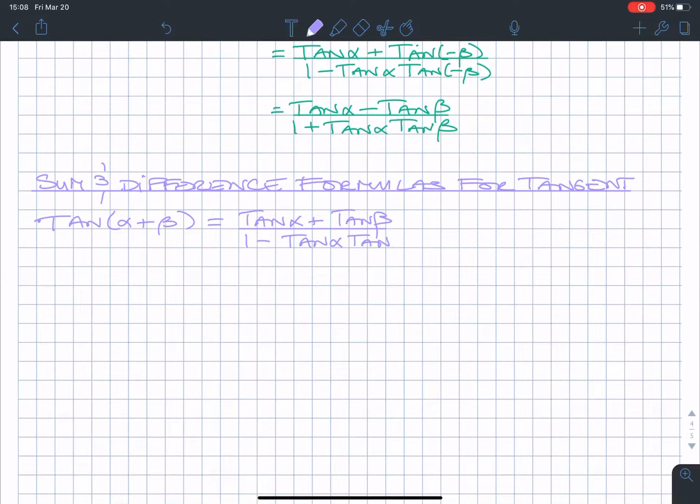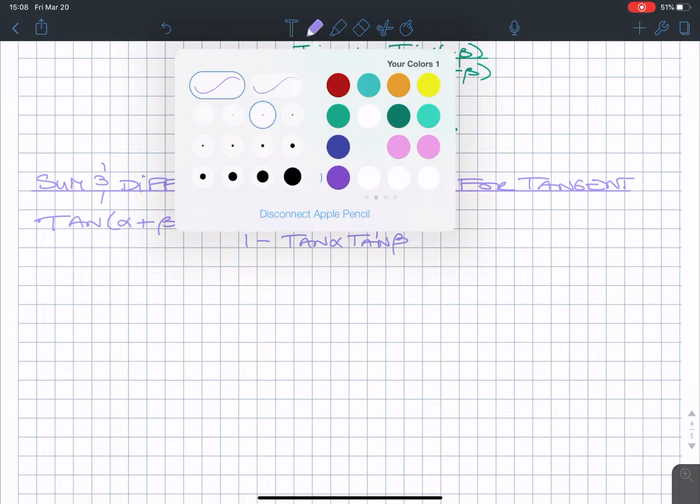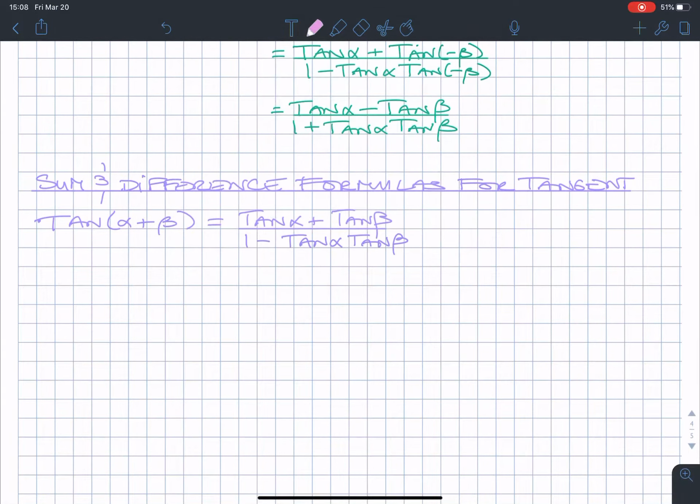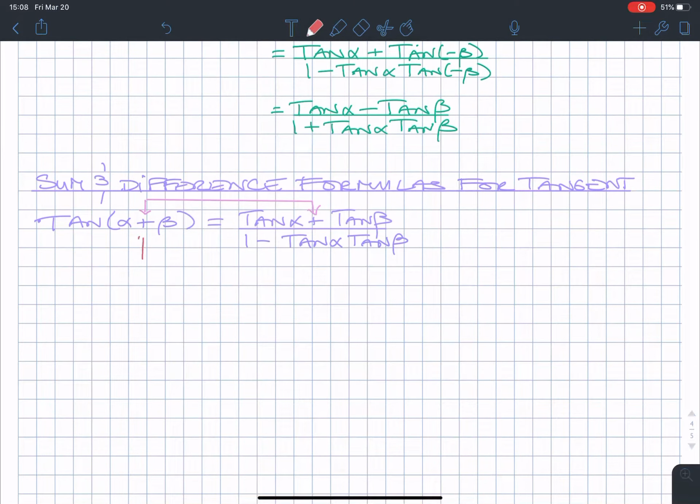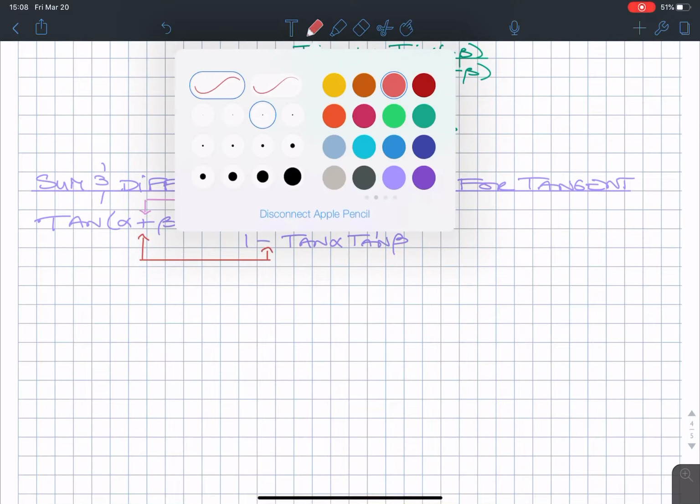So let's note that the sign in the numerator corresponds, much like sine does, whereas the sign in the denominator is the opposite, much like it is for cosine. And the same holds true for the difference.